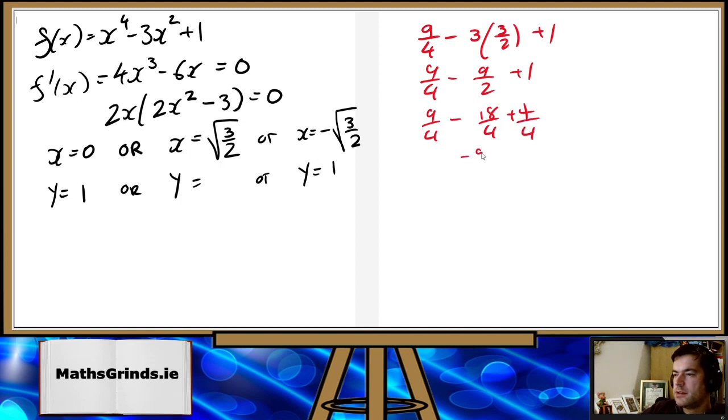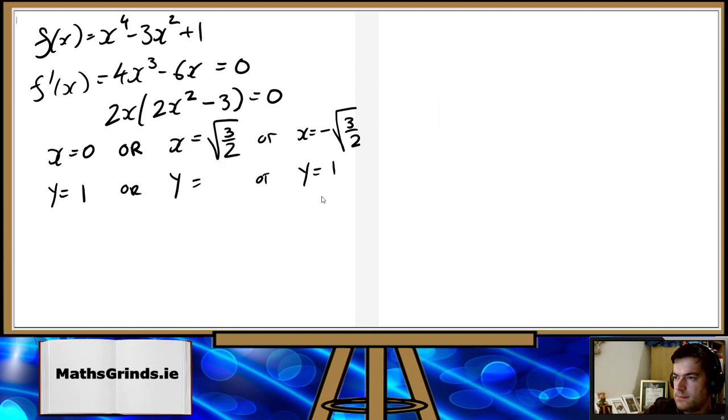So that's minus 9 over 4 plus 4 over 4, which is minus 5 over 4. And it has to be the same for the other one.